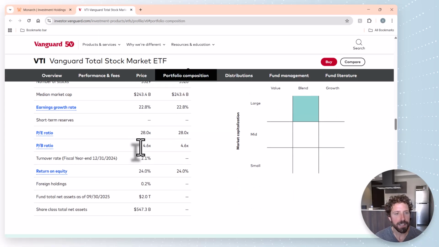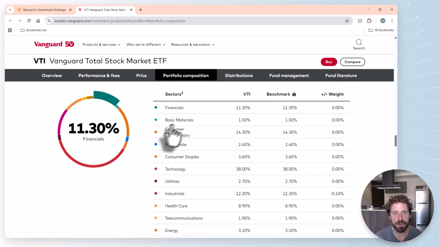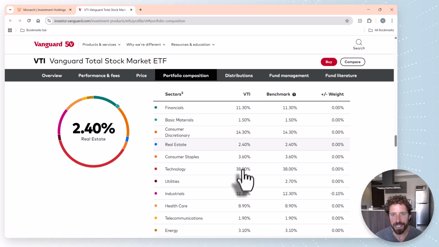All right, so let's scroll down here. Let's see actually what's in those stocks. So we can see what sectors are being held. So nice representation here of your different industries. You can see technology, obviously, that's been the dominant force, I would say, in the last 3 decades of the stock market. That probably isn't going to change anytime soon.